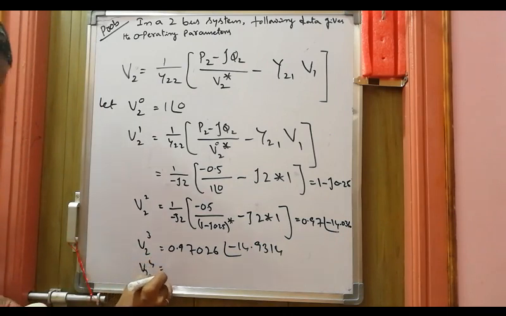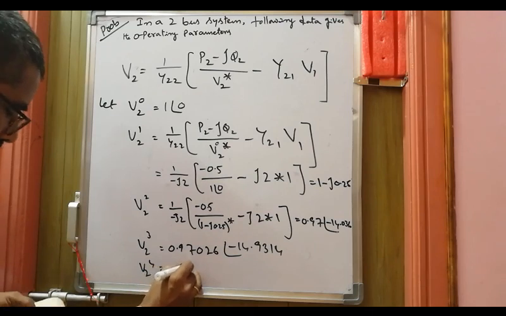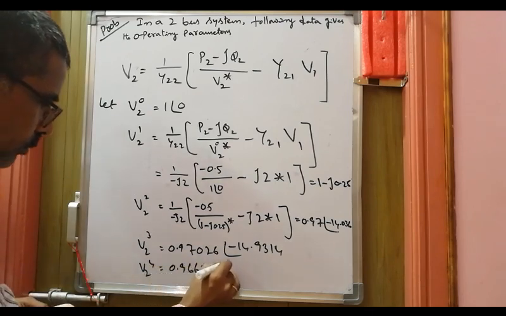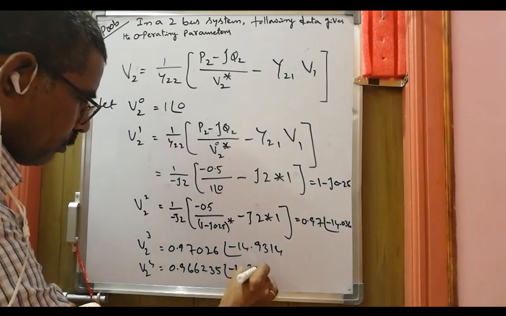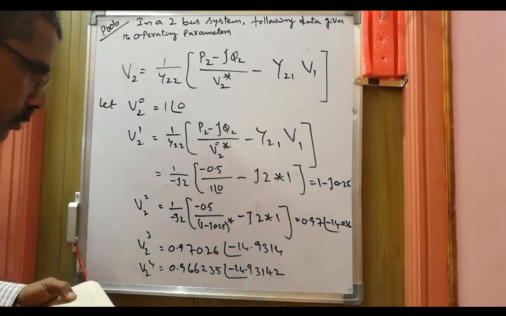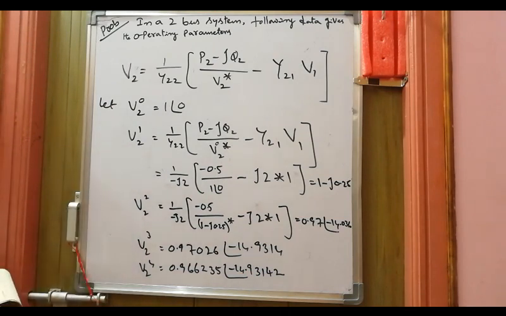Then V24, and so on. So like that it continues.